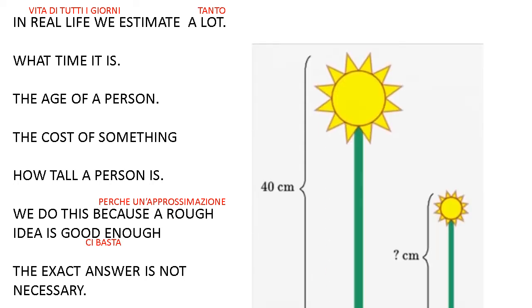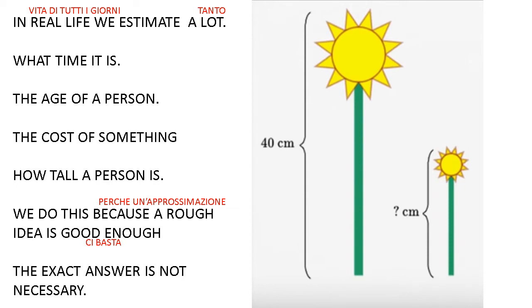As we said before, when we estimate, we use what we know. So, maybe I know that this flower is 40 centimeters tall. How tall is the smaller flower? Well, I could measure with a ruler, but it's easier just to make an estimate looking at the flower, because I know this flower is 40 centimeters tall.